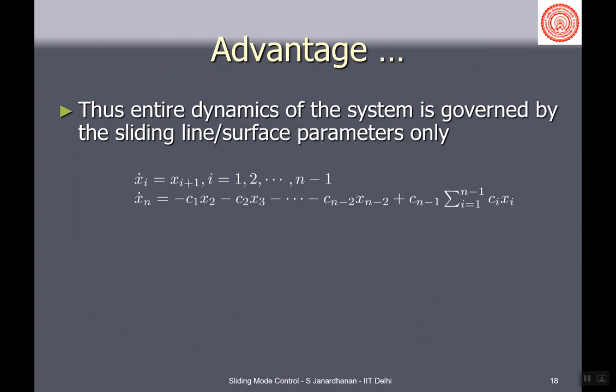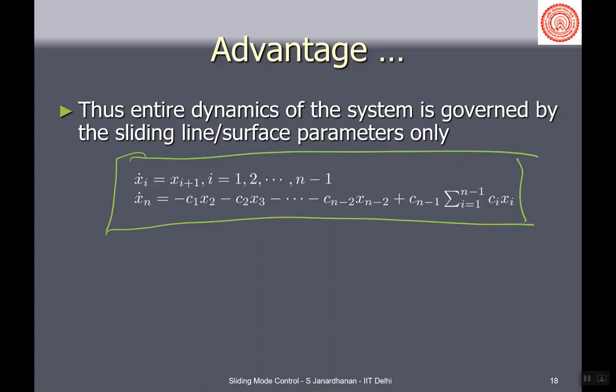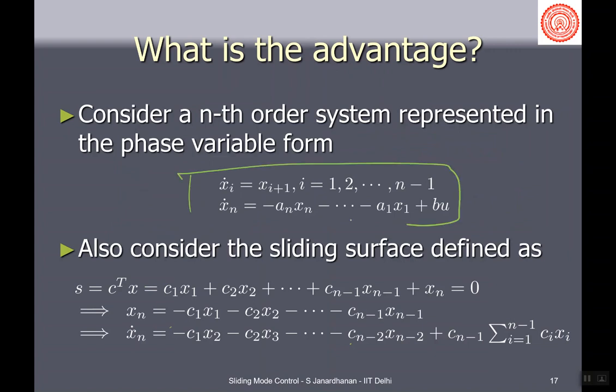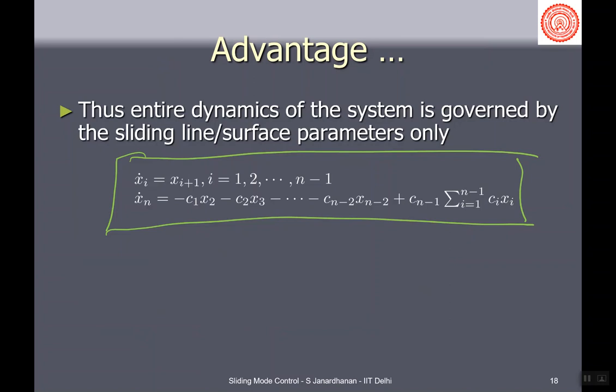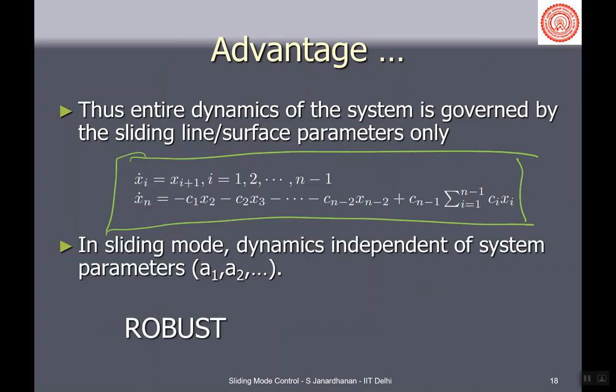Okay, now what is happening is that when the system is on the sliding mode, the equation becomes so much. And in general, it was like this. Now if you notice the difference, you will see that when the system is on sliding mode, the dynamics have no dependence on those original parameters A1 and A2. So you have something called robustness.